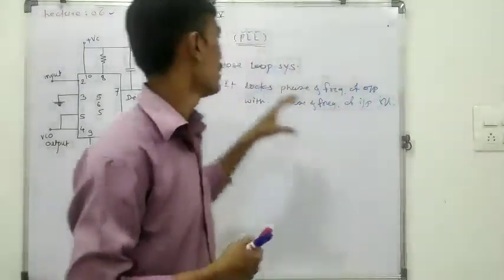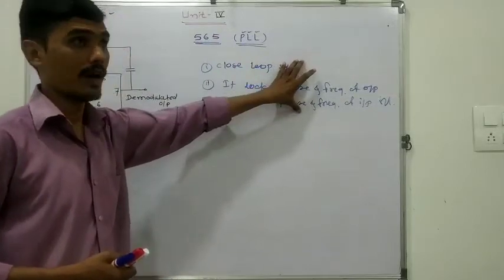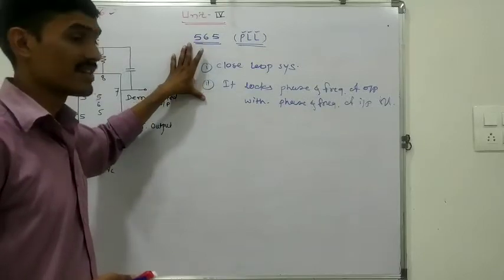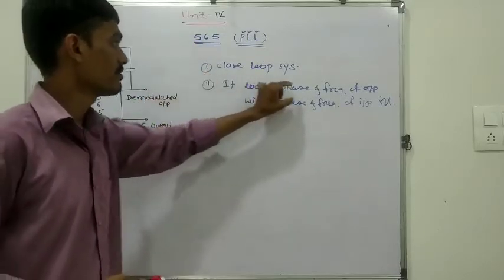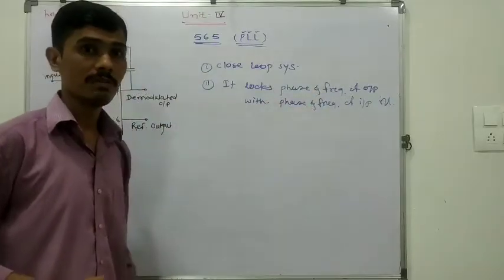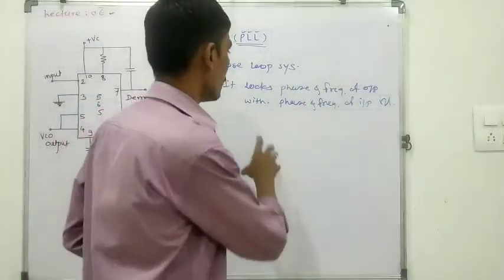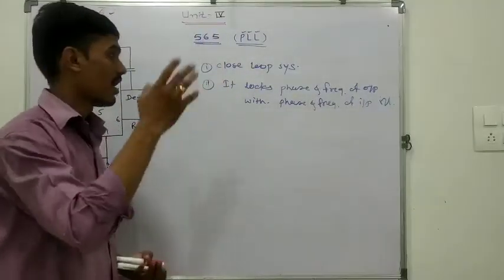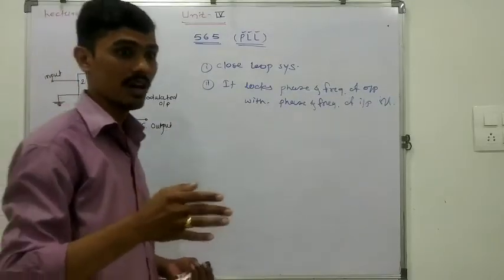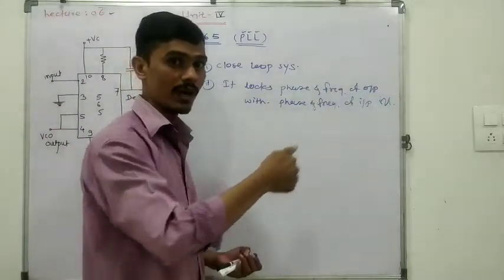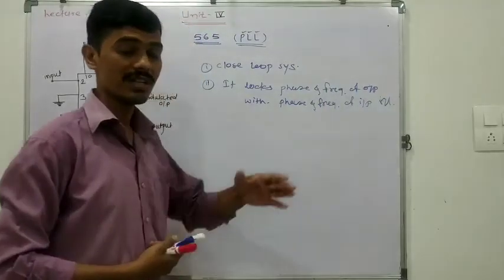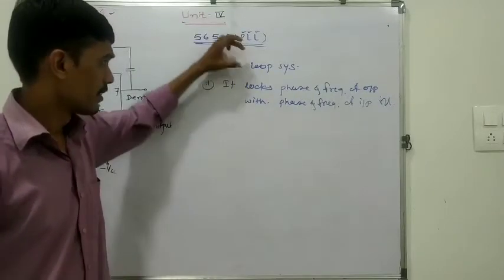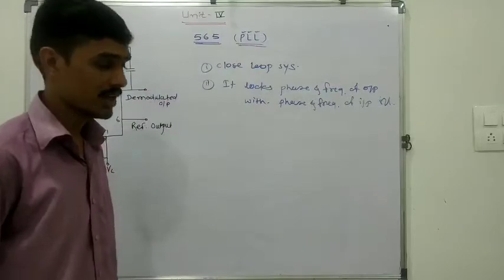That is a phase lock loop, and that IC is called 565. Today we have to discuss how it locks the phase and frequency, which will be understood when we go through the block schematic of the 565, on which basis the frequency and phase of the output signal is matched with the input.